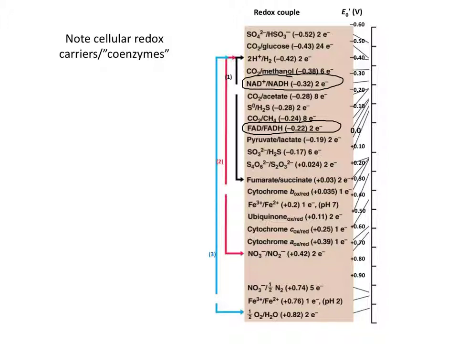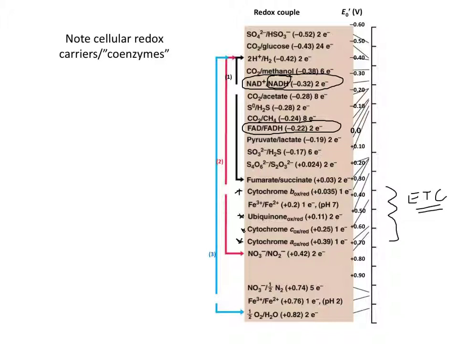So when NADH, the reduced form, is carrying electrons, it can drop them off to an electron acceptor that is lower in the redox tower. Take a look down here at cytochrome B, ubiquinone, cytochrome C, cytochrome A. These are components of electron transport chains, which I'll be teaching you about in the next set of lectures.